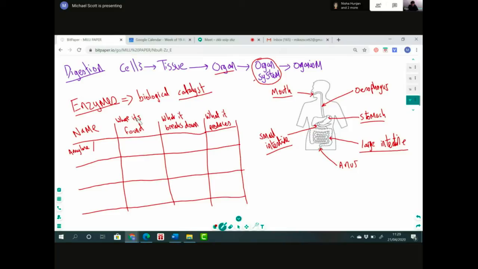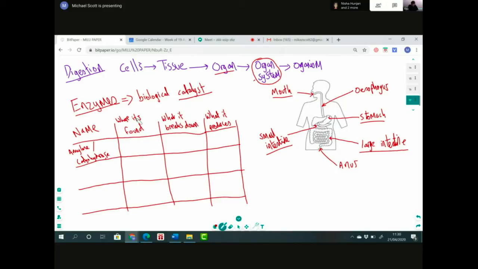You know, some exam boards or some specifications may refer to this as carbohydrase. They're the same enzyme, and what I mean by that is that they work on the same food group.